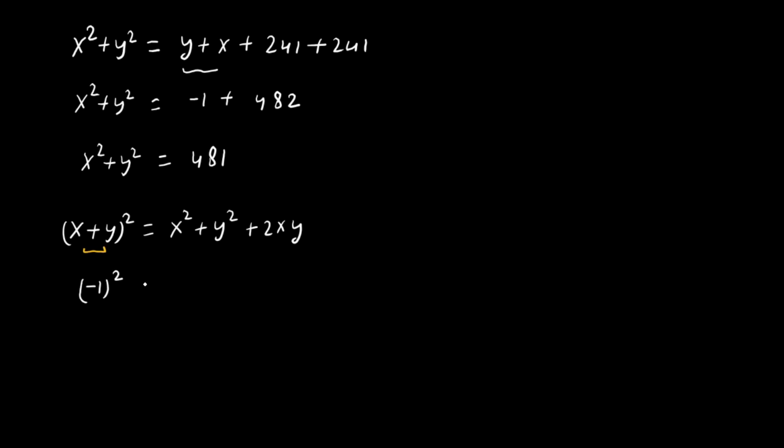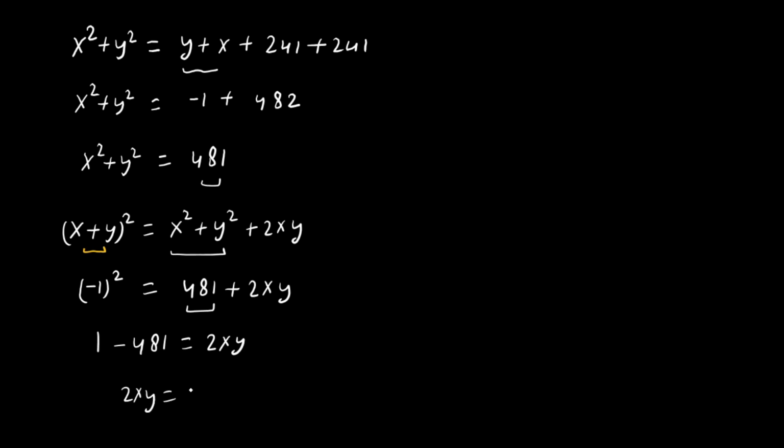Negative 1 squared is 1, and taking 481 to the left-hand side, 1 minus 481 = 2xy. Then 2xy = minus 480.